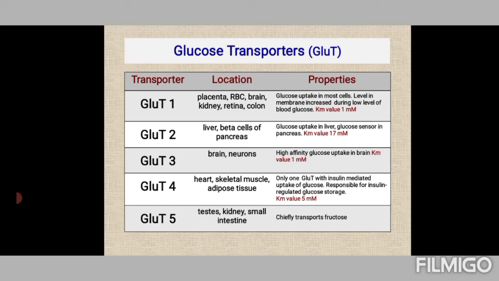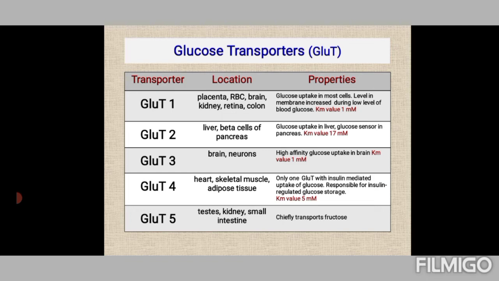As we know, the chief energy fuel of brain is glucose, and so the transporter should have very high affinity for glucose. So this is why GLUT3 has a very low Km value and very high affinity for glucose.